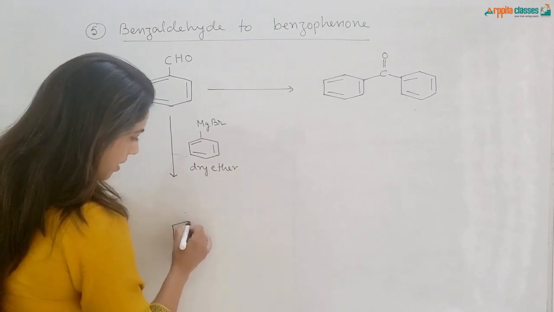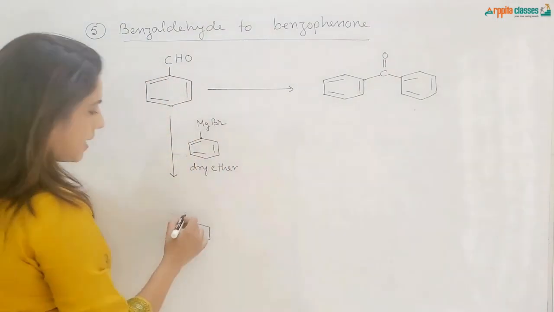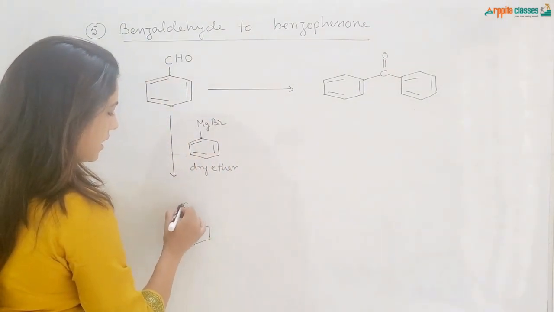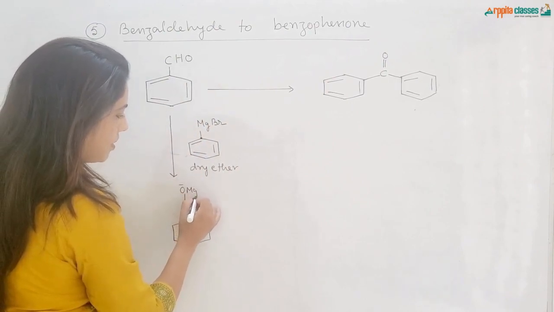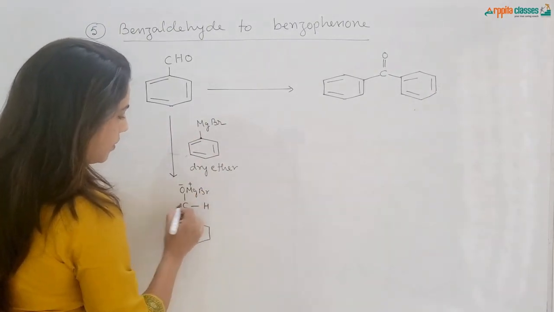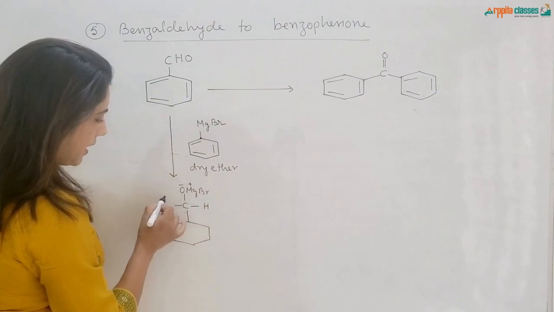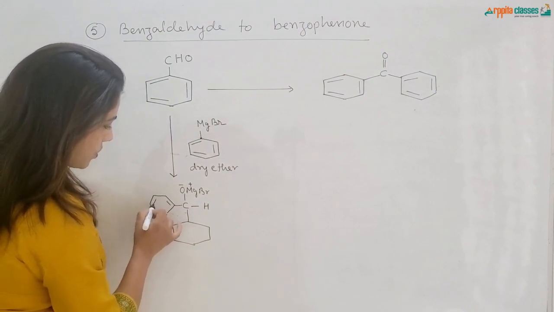You will be getting a compound like this. This minus will attack this carbon atom. So the C double bond O will take O minus and MgBr will get attached to this. This carbon is having another hydrogen and this phenyl group will get attached to the carbon like this. So you get a compound like this first.